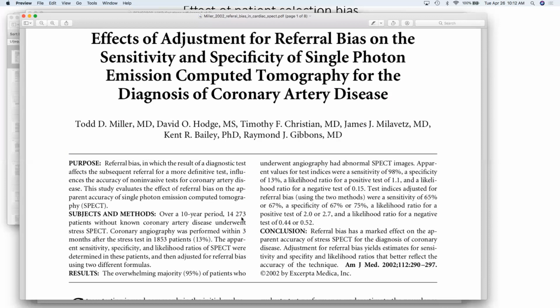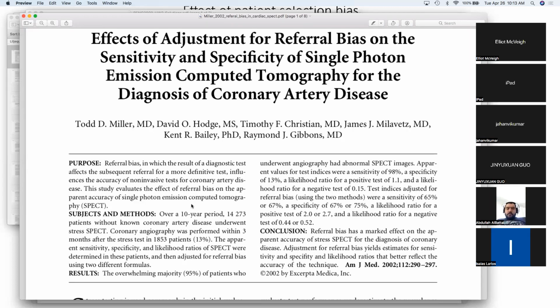It had, and still has, a number of very strong proponents for its use as a frontline diagnostic test for coronary disease. And this paper came out about in 2002, so 20 years ago.